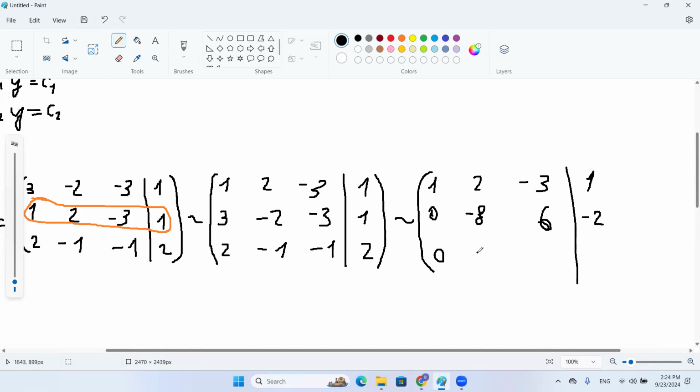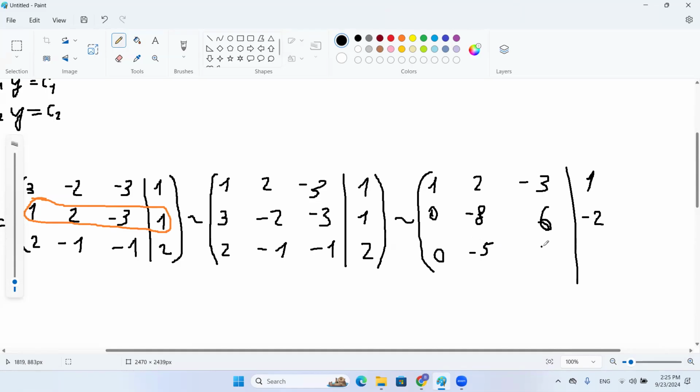And the third row? Minus 5. And 4. No, it's 5.